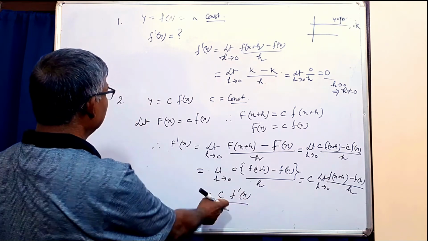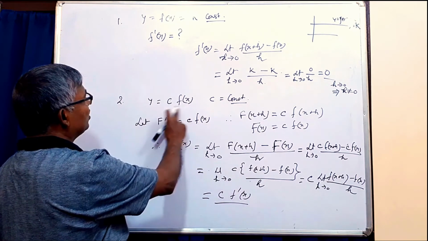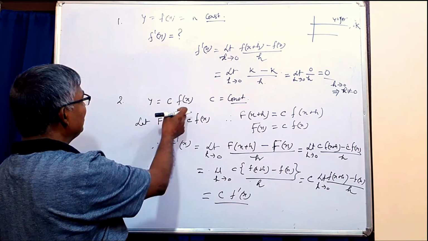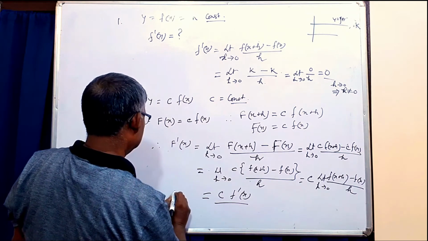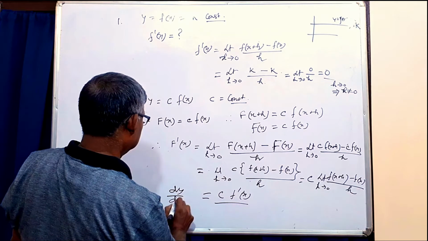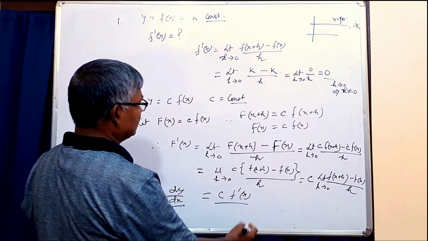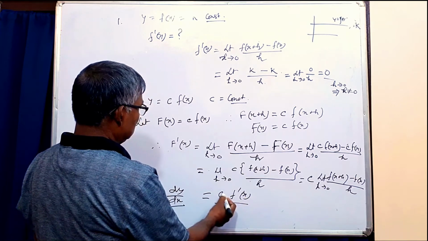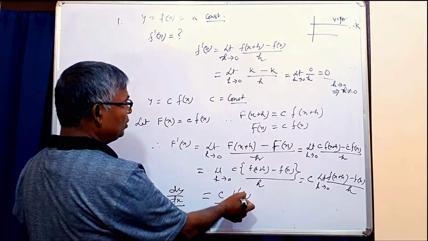So you see, whenever any function is multiplied by a constant, then the derivative of the function, you can also write dy dx equals c into f dash x. So c will be unchanged and the derivative of f x will be taken.